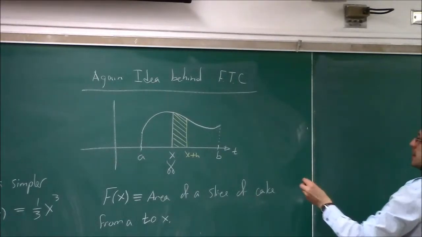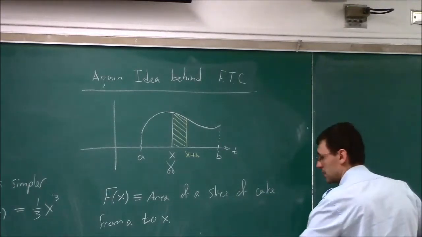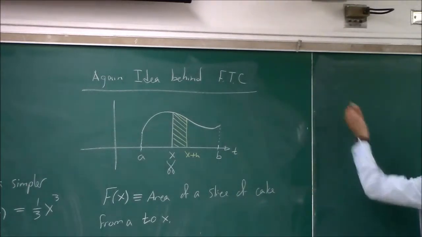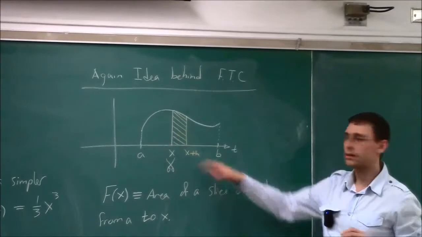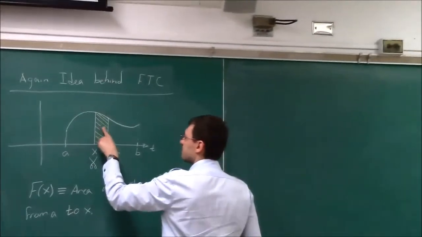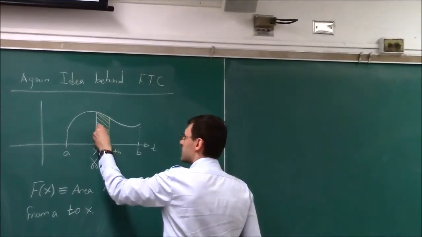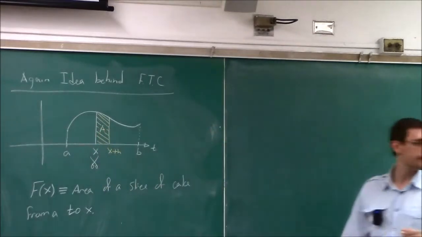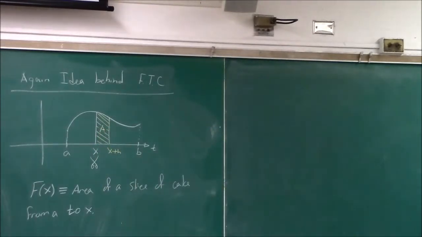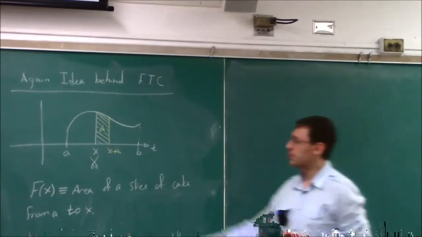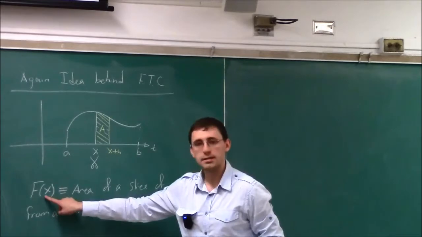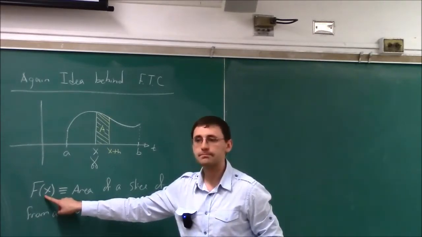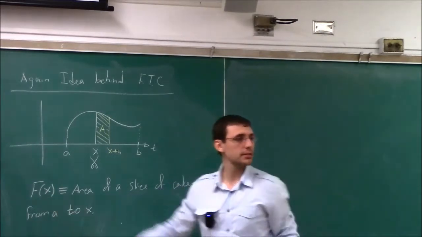So this region here that I colored yellow, what do you describe it as in terms of f again? We went over that. What is this area here? How would you measure it using this slice of cake function? Yes?